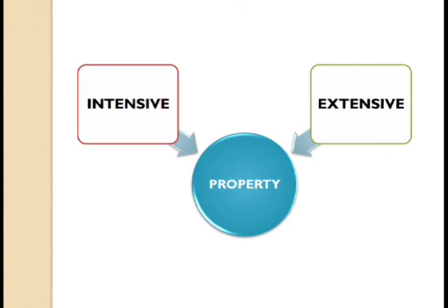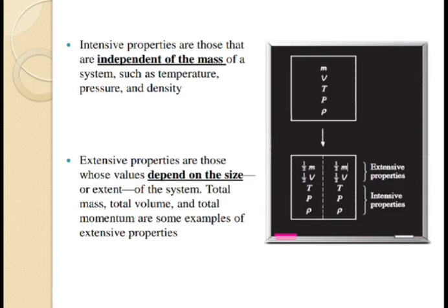If we classify properties, there are two kinds: intensive and extensive properties. Intensive properties are those that are independent of the mass of a system, such as temperature, pressure, and density. Extensive properties are those whose values depend on the size or extent of the system. Examples of extensive properties are mass, total volume, and total momentum.